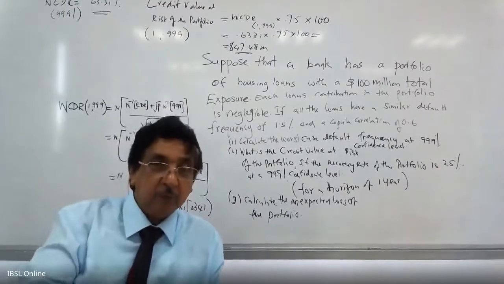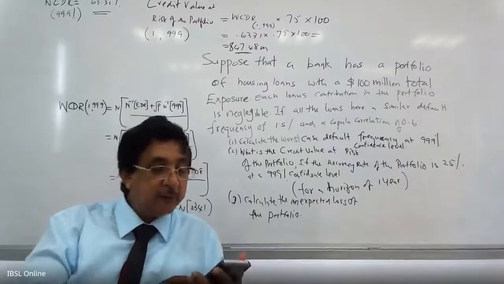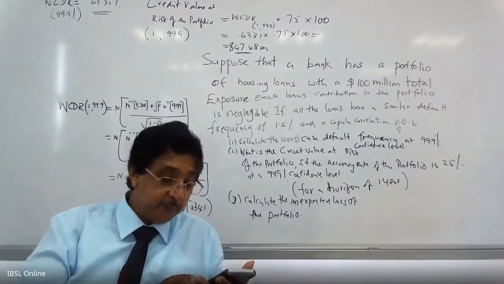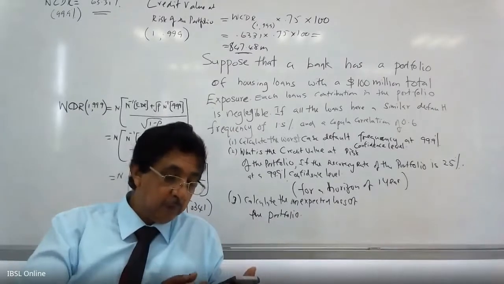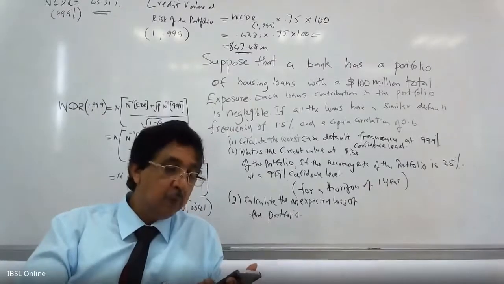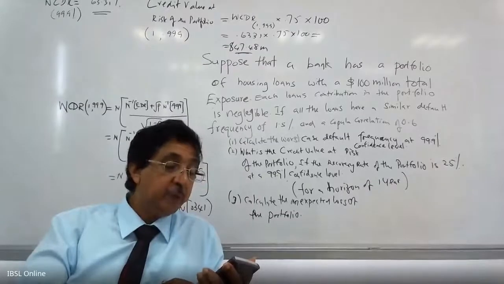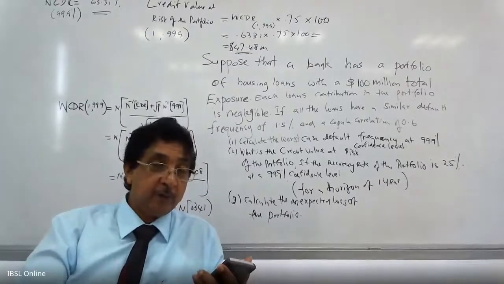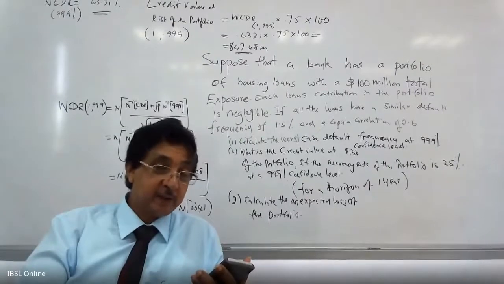So it's a matter of deducting 1.125 from 47.48. Then the answer would be 45.923. That is the unexpected loss for the portfolio.